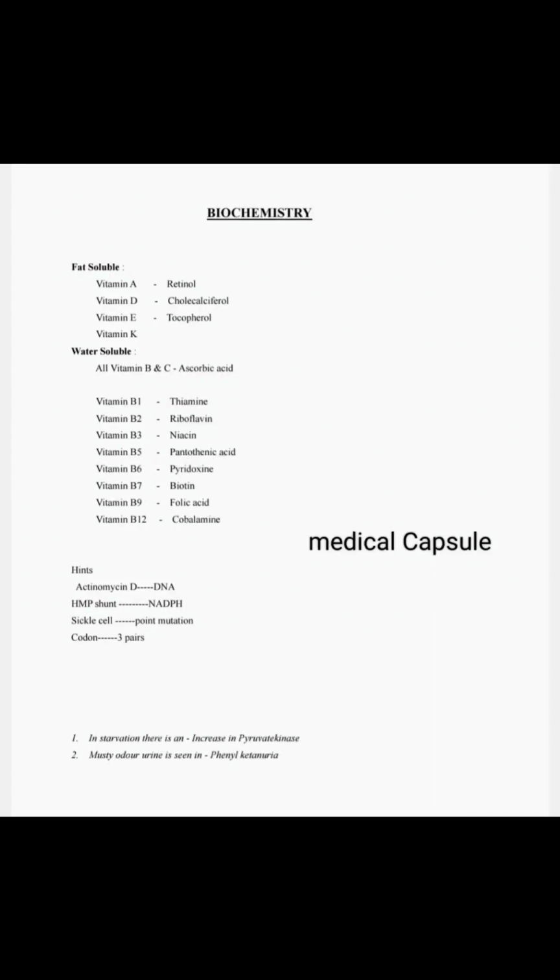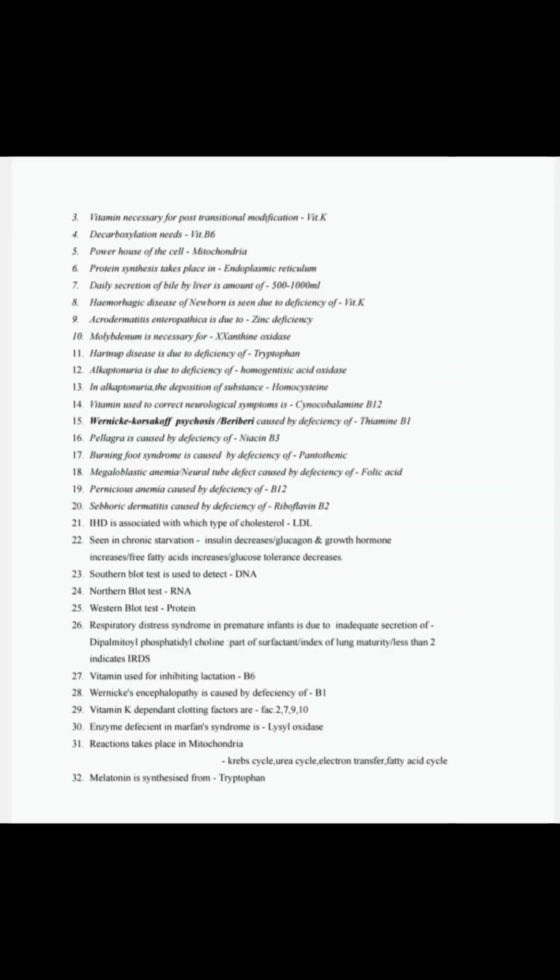Point number 2, mousy odor urine is seen in phenylketonuria. Where will you see odorous urine? In phenylketonuria. The vitamin that is necessary for post-translational modification is vitamin K. Decarboxylation needs B6.